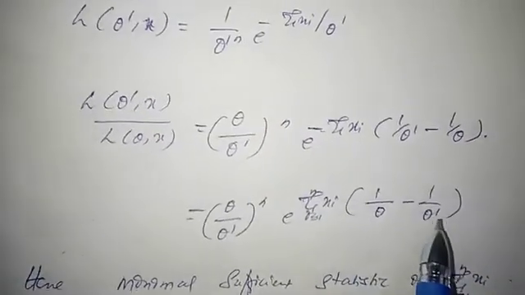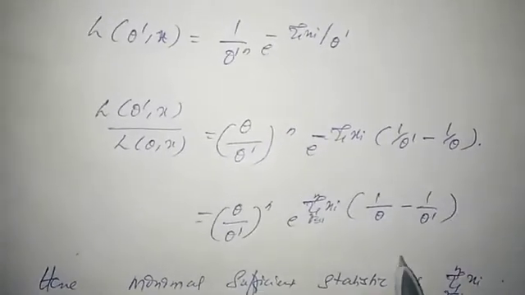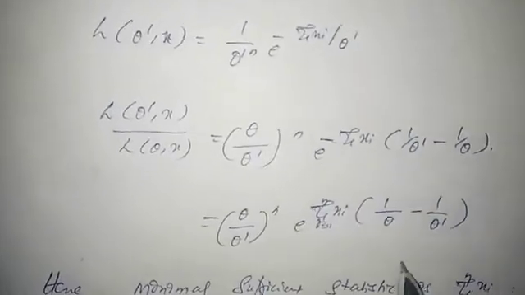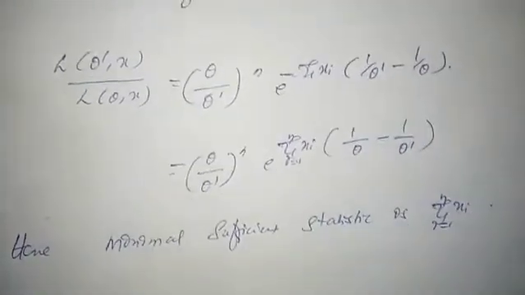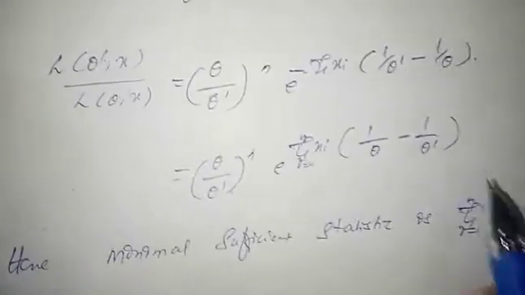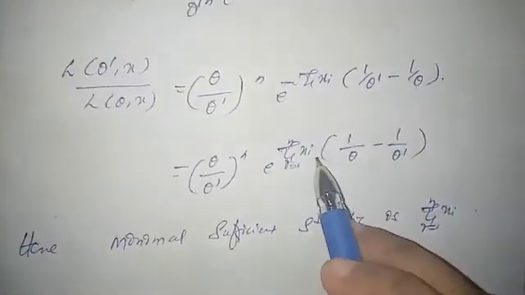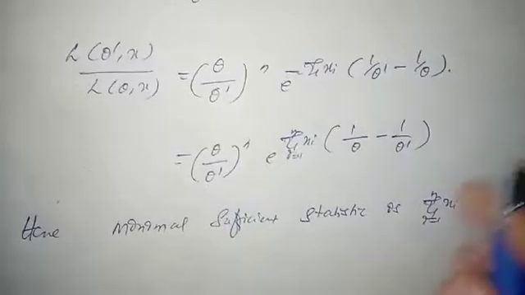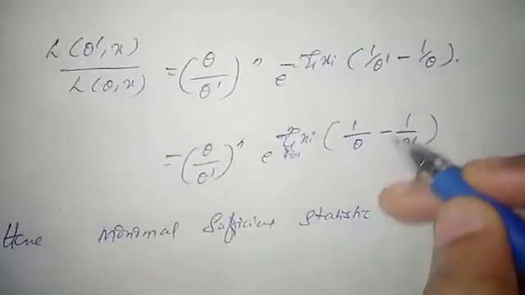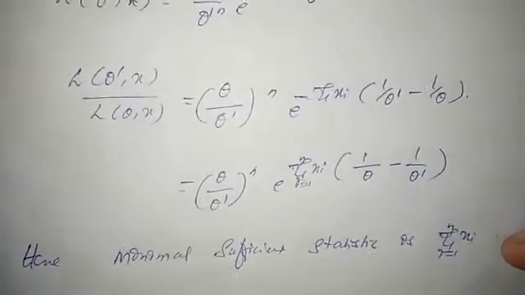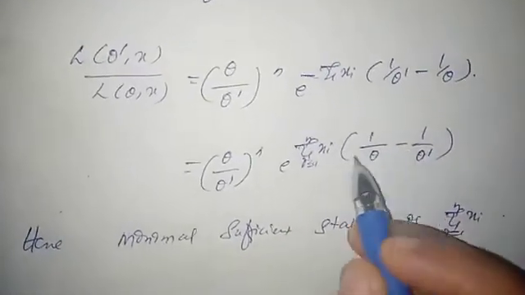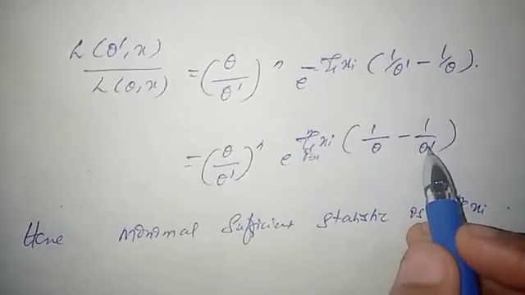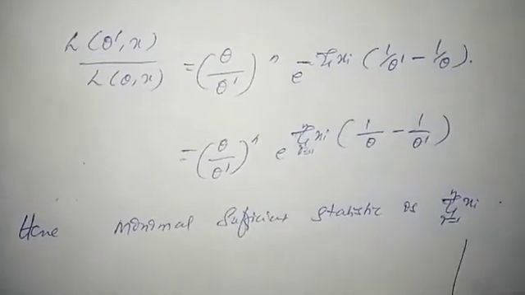So here we need to check whether it is an increasing function or decreasing. If it is e power some positive value, what is the behavior? Is this term negative or positive? We need to obtain it.